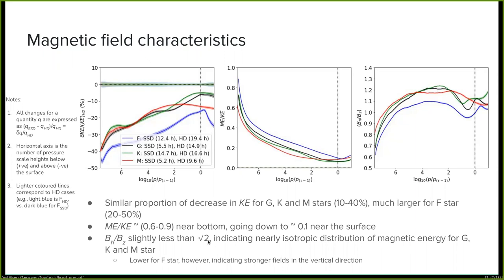Of course, it can't be completely isotropic because you always have a preferred direction in terms of convective velocities, but it's still quite close. But for the S star, that ratio is actually much lower, almost near 1.